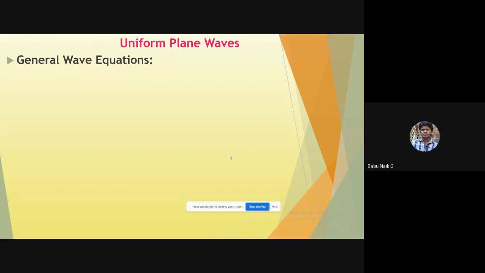We consider that waves radiate from the source with a spherical wavefront, but sometimes over large distances too. The wave travels from the source to the destination, like how we receive signals from antennas, TV signals and telephonic signals. So all that should reach from the source to the destination, and we have to consider how the medium is.